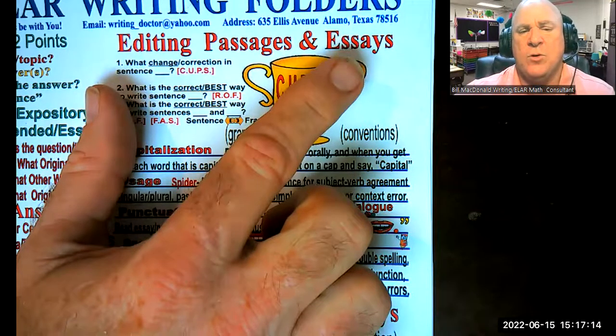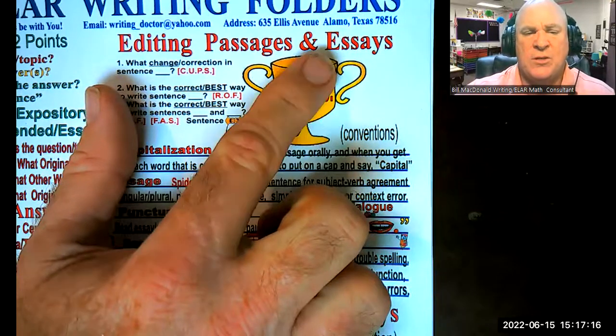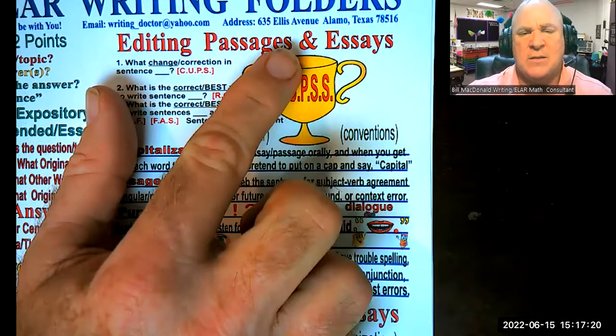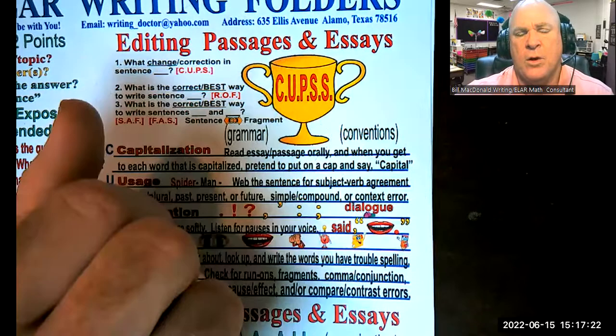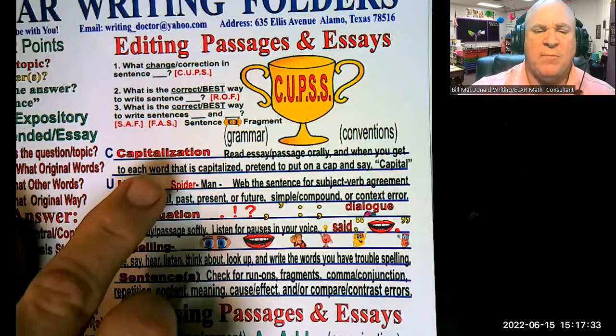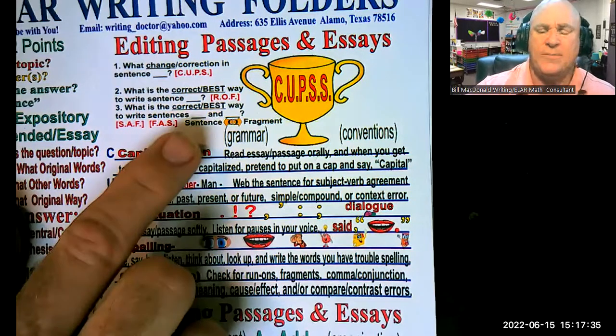So in addition to the 2 passages that are going to be editing questions where you fix one sentence or two sentences, sentences followed by fragments or fragments followed by sentences.